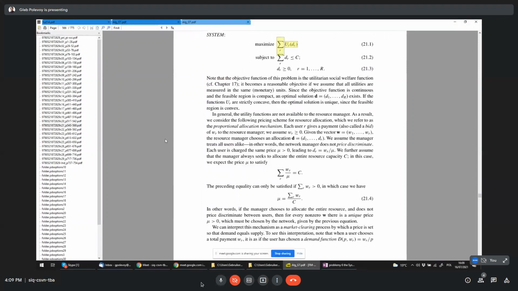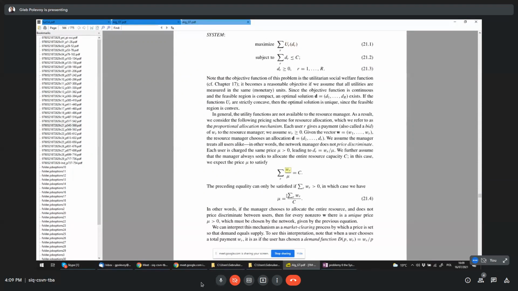In the proportional allocation mechanism, you demand that the total allocation is going to be C. What is the total allocation? The sum of what you get. What you get is your bid divided by the price.